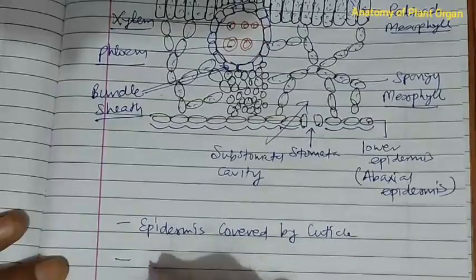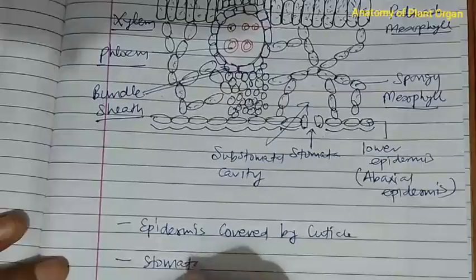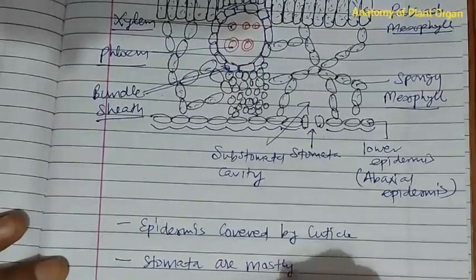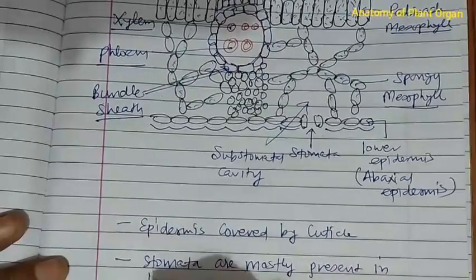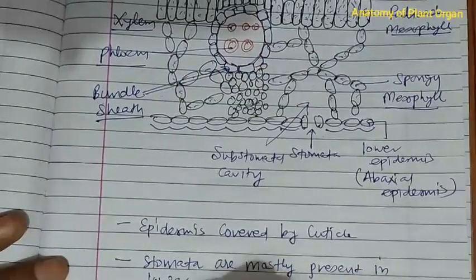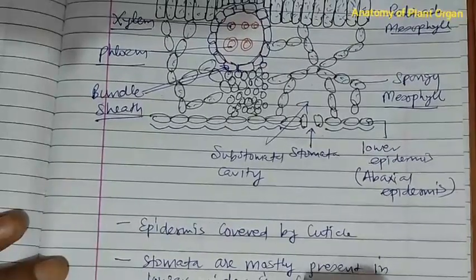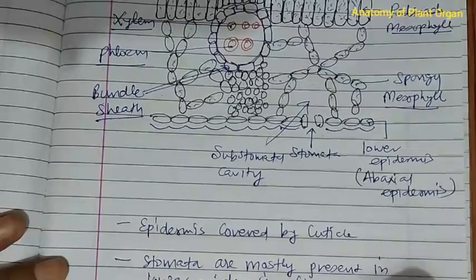Next, stomata are mostly present in lower epidermis. So this arrangement of stomata is known as hypostomatic.